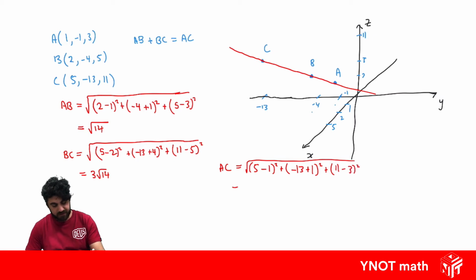And if we simplify this, we'd get 4 root 14. And we can see that if you add root 14 and 3 root 14, we will get 4 root 14. So we can conclude that these points must be collinear.